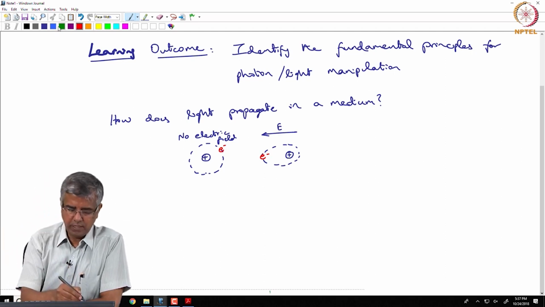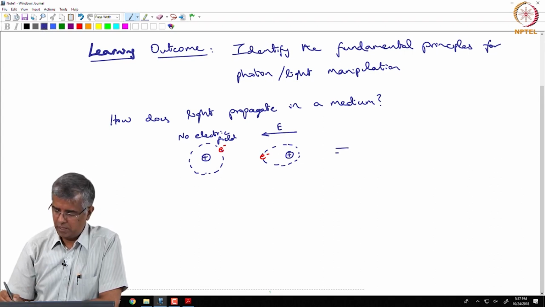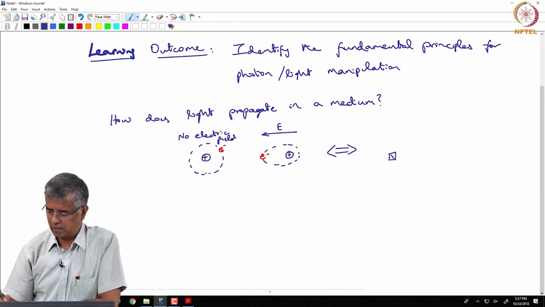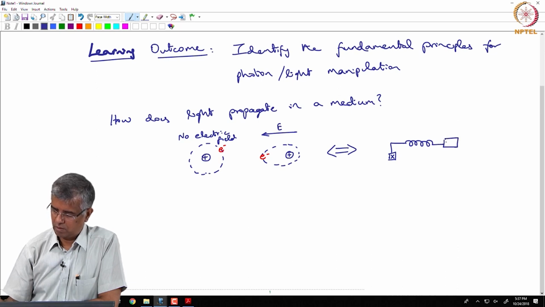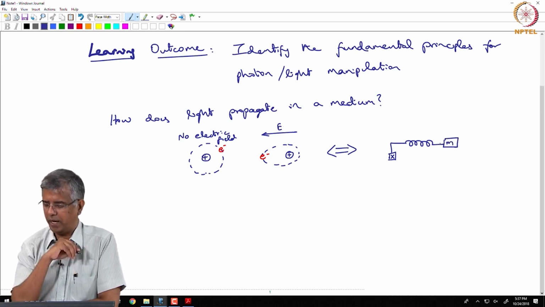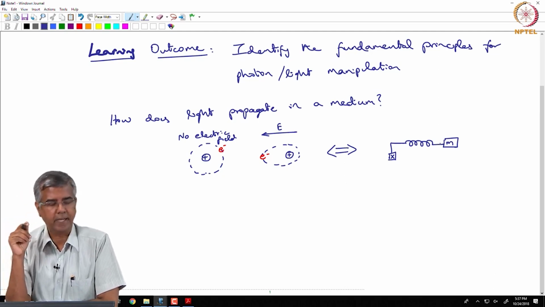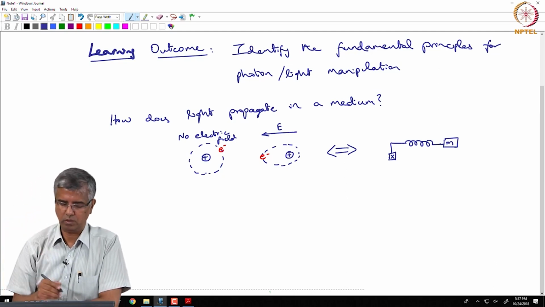Now, this displacement can be modeled in a classical mechanical system where you have a mass attached to a fixed point through a spring. Okay.